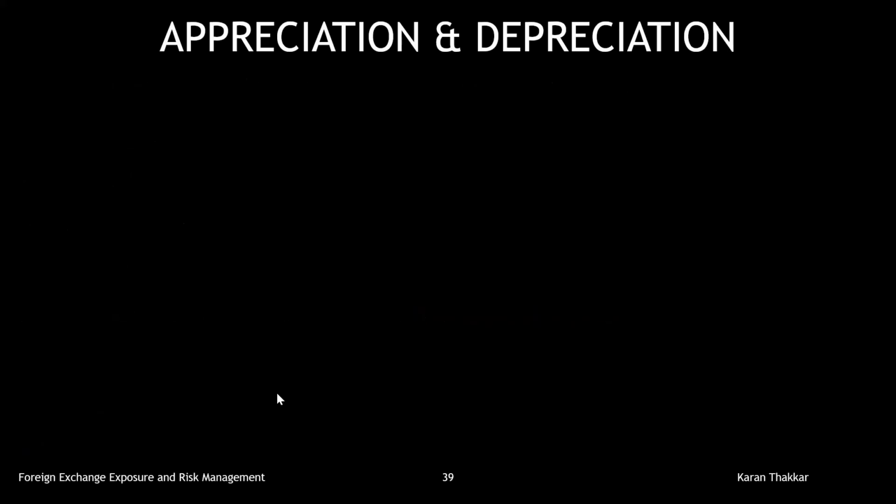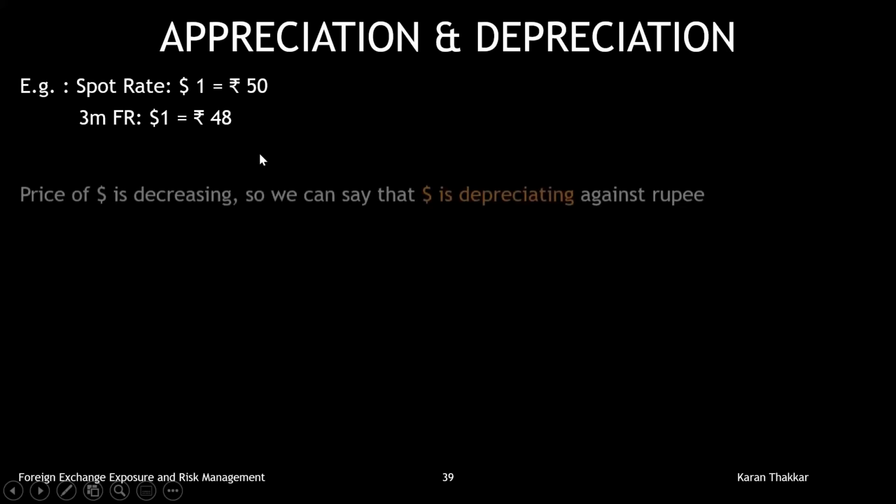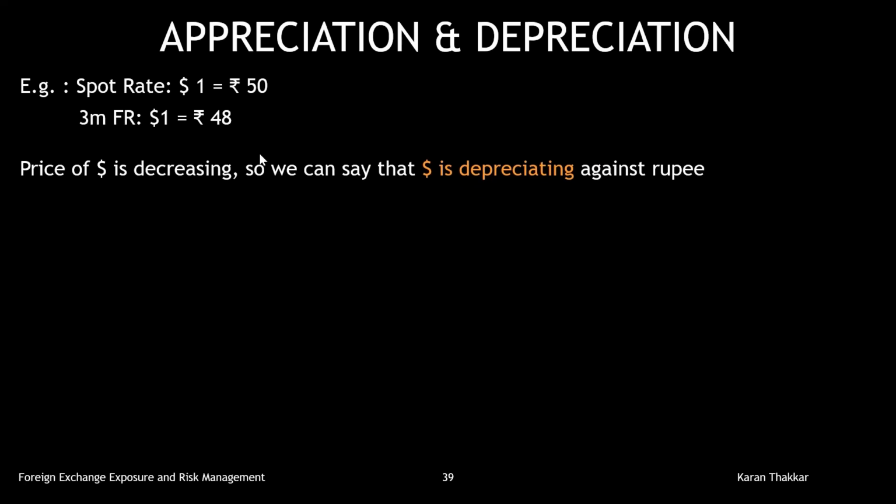Let's take an example wherein we have the 3-month FR as 48. Now you can clearly see that the price of dollar is decreasing, and so it can be said that dollar is depreciating against the rupee, and the percentage of depreciation on an annualized basis would be calculated the same way.